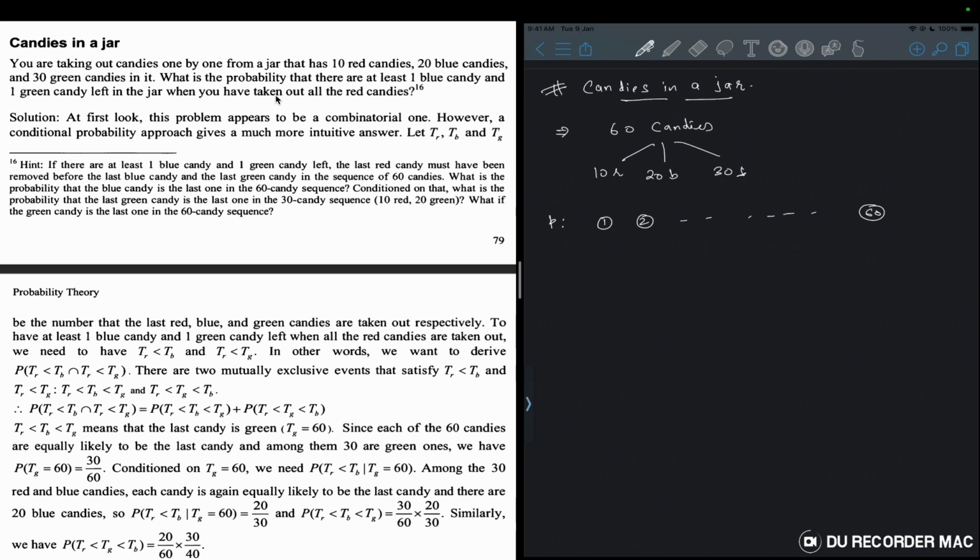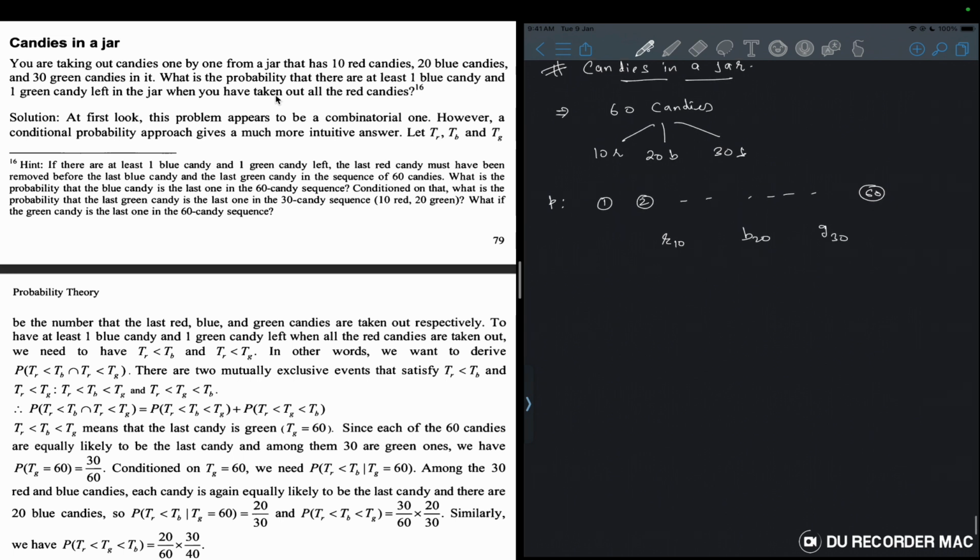Let me denote R10 as the last red candy being picked, B20 as the last blue, and G30 as the last green. We want sequences where R10, B20 and G30 appear in this order, or the other possible order, where the last green appears before the last blue. Only these two scenarios are possible.